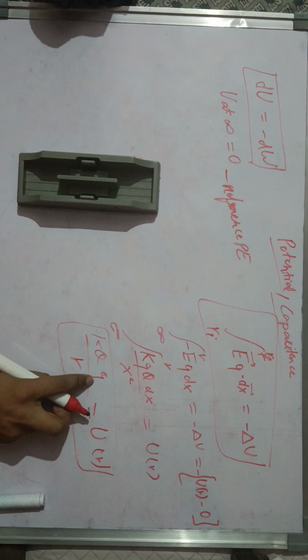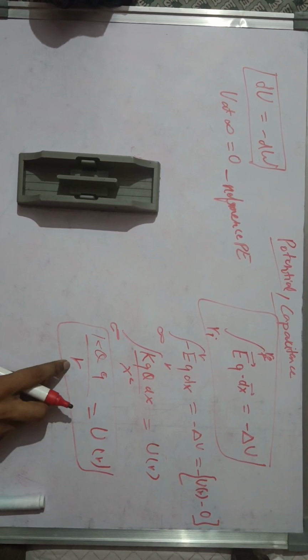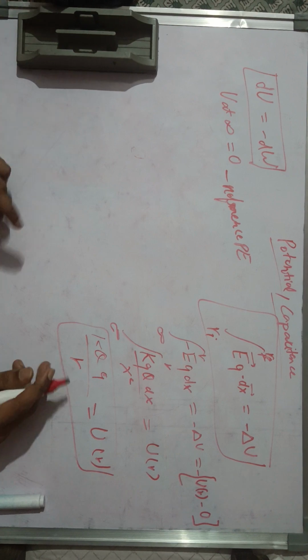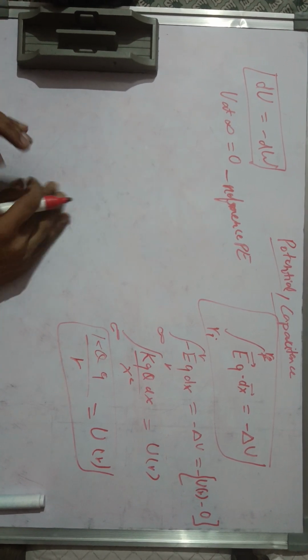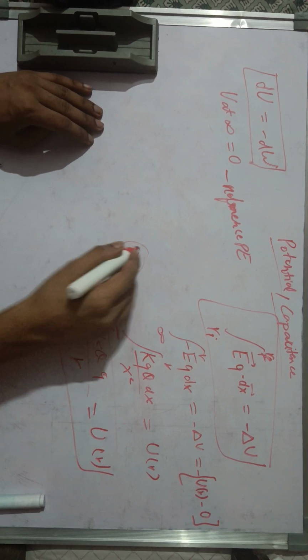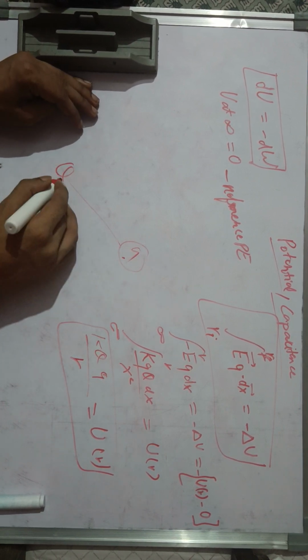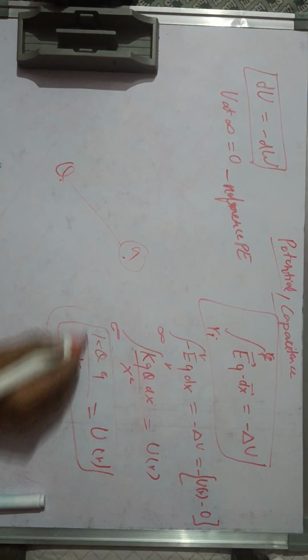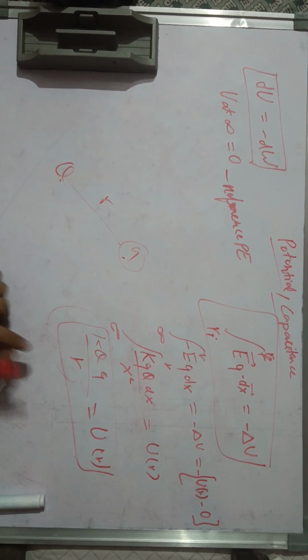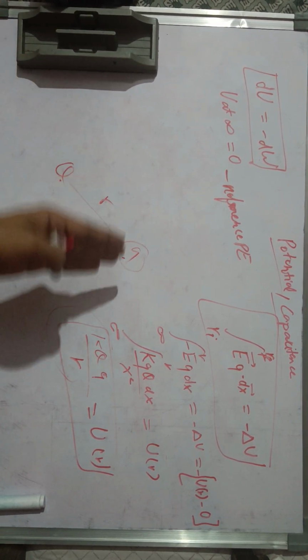The potential energy of the charge q at distance r from the charge q is this, and it can be said in another way: if there is a charge q here, then due to the charge q, the other charge will have this potential energy when it is at distance r. So these two have this potential energy.